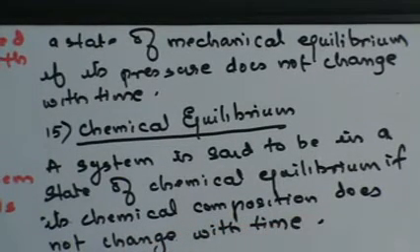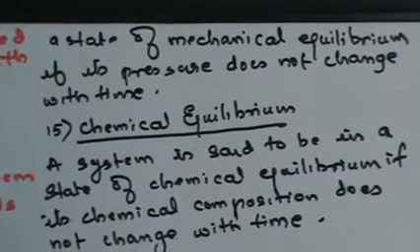If the chemical composition does not change with time, then the system is said to be in a state of chemical equilibrium. Fine. Next. Now, let's see what are the different types of thermodynamic processes.